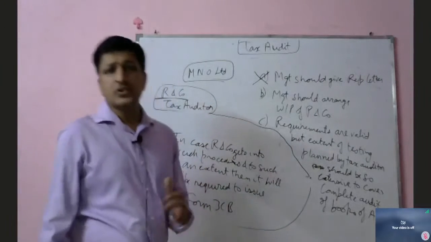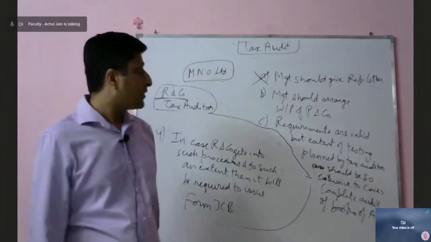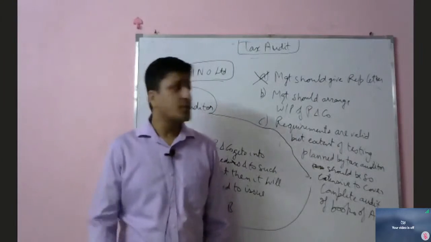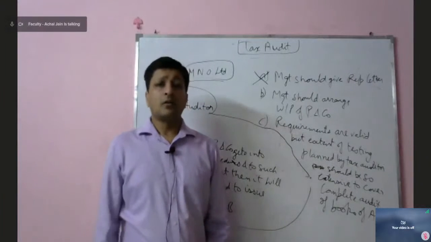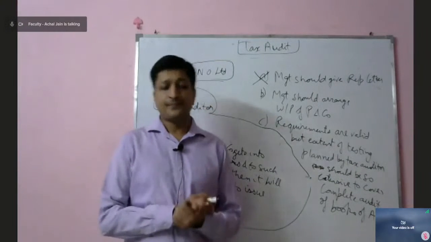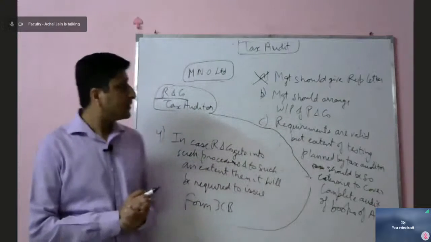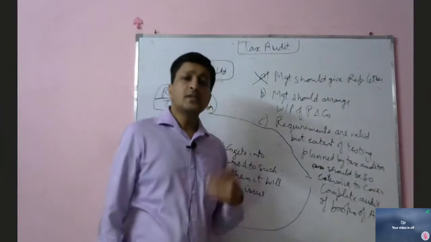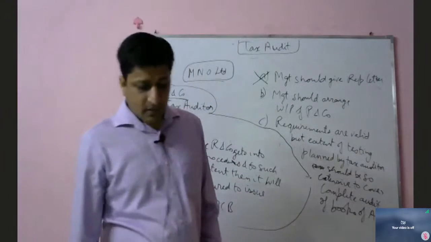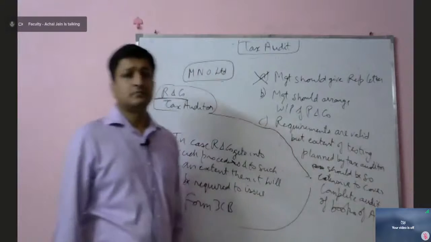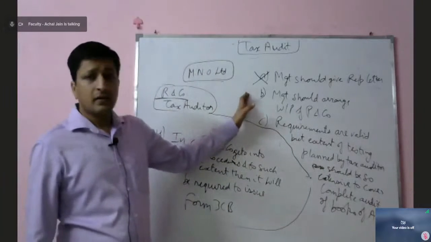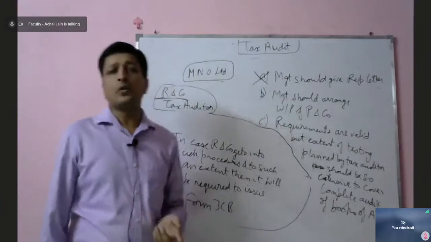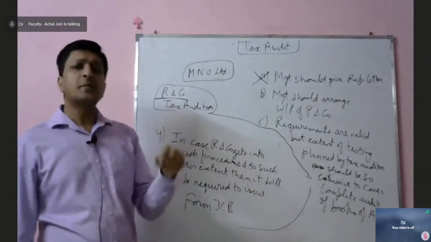Management should arrange working papers of P&L company. Now that can also be one of the ways to resolve this problem, or to cut down the time of the audit. But unfortunately, this is not legally permissible. This is not legally permissible. Even if an auditor is looking at the working papers of another auditor, there is a problem around confidentiality in terms of the working papers of the auditor.